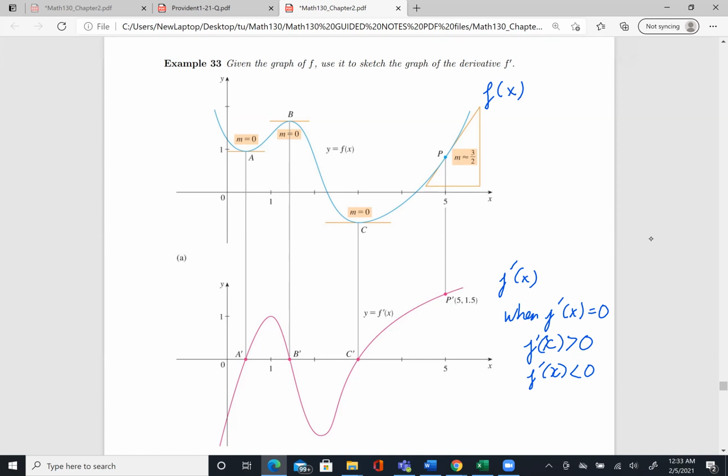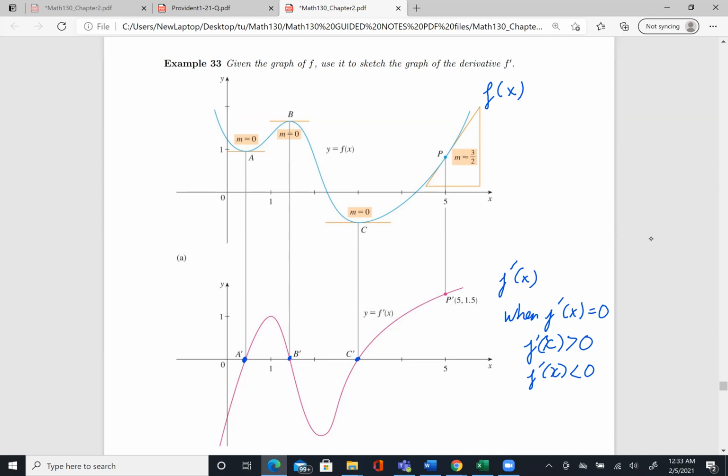So you can see at a prime, b prime, and c prime here, the f derivative of x equals 0, right?